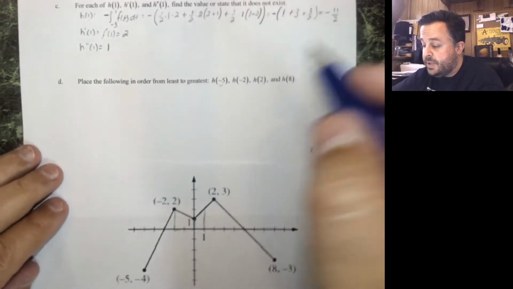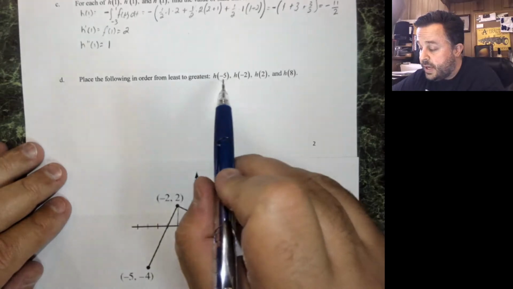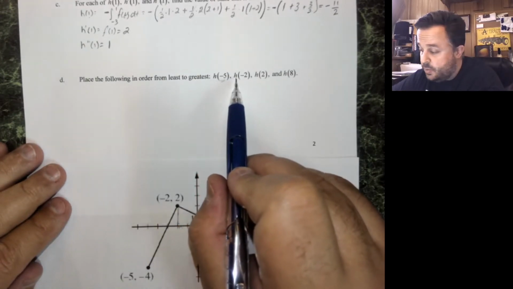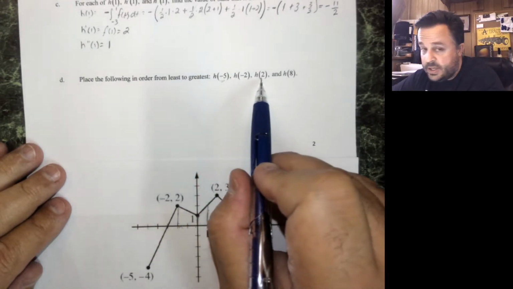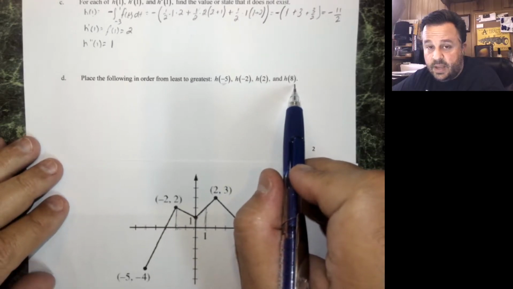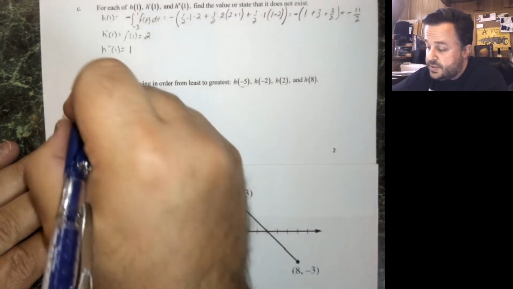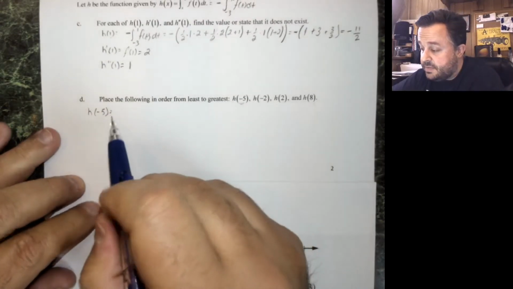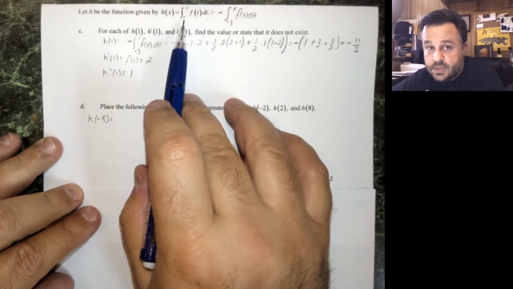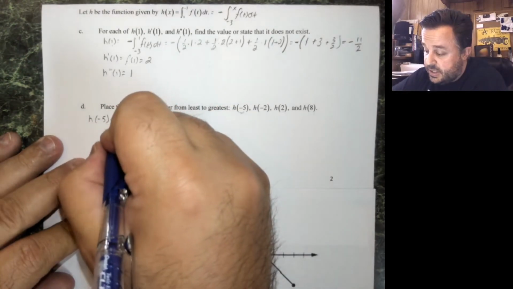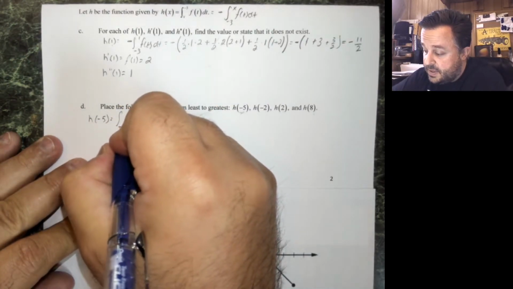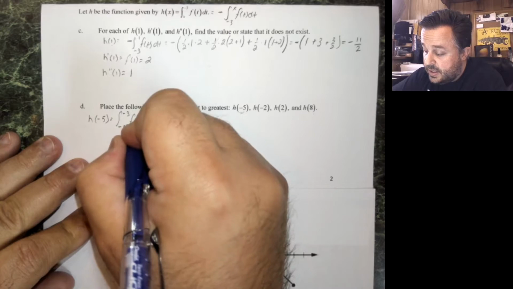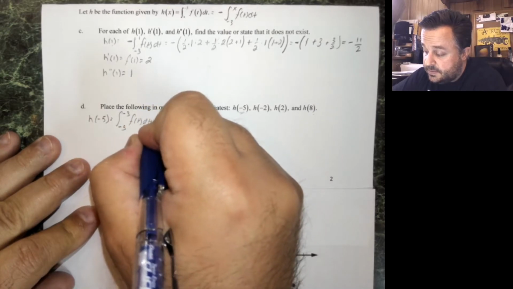Now here we have to place the following in order from least to greatest. So we have h of negative 5, h of negative 2, h of positive 2, and h of 8. So let's start with h of negative 5. Because this is less than negative 3, we can just use this up here to say that would be the integral from negative 5 to negative 3 of f of t dt.